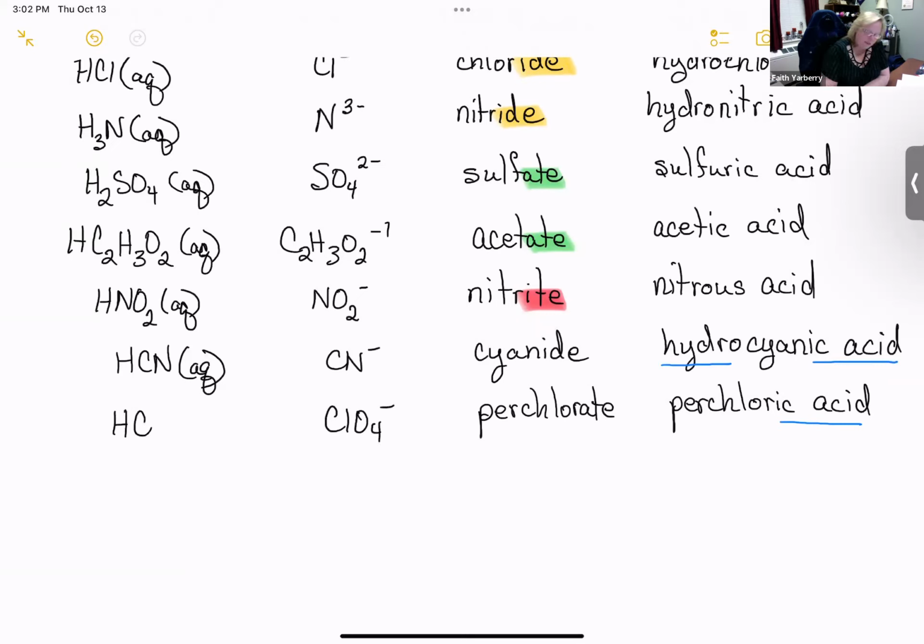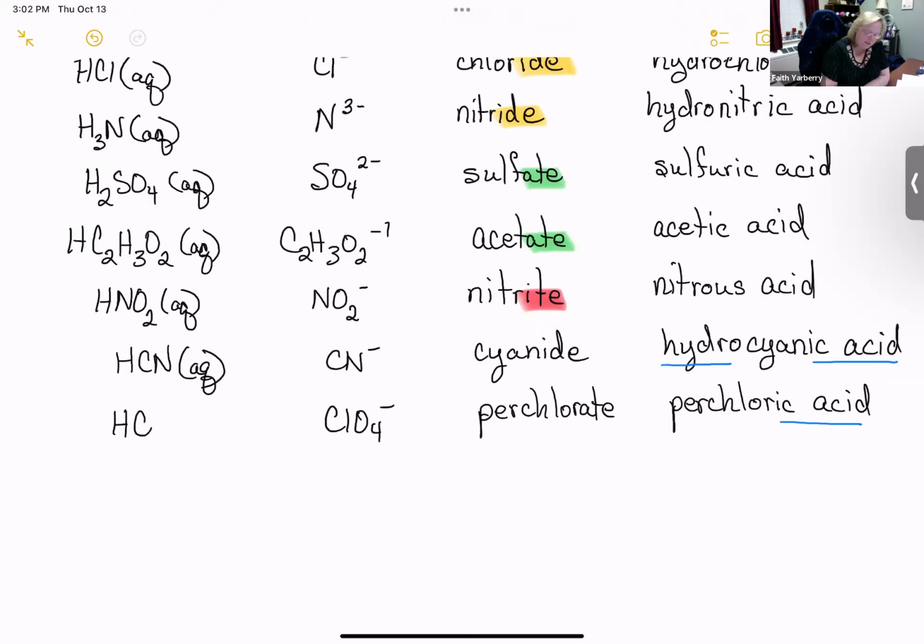The last one, let's go with hypoiodous acid. Hypo is not hydro. So the prefix doesn't matter. What does matter is the ous acid. When it is an ous acid, that means it had to come from the ITE anion.